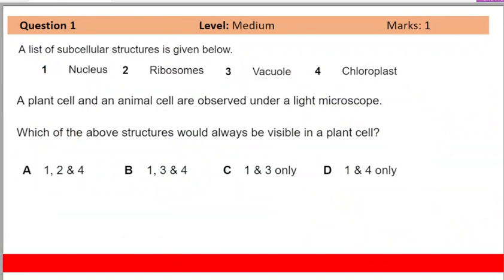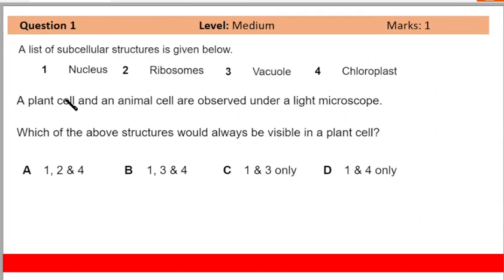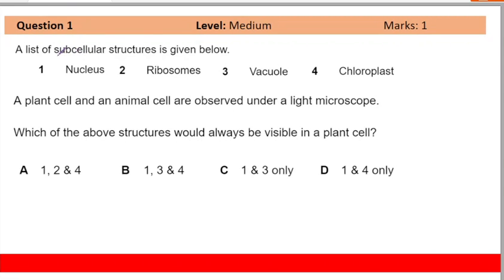Let us see question number 1. A list of subcellular structures is given below. You can see nucleus, ribosome, vacuole, chloroplast.